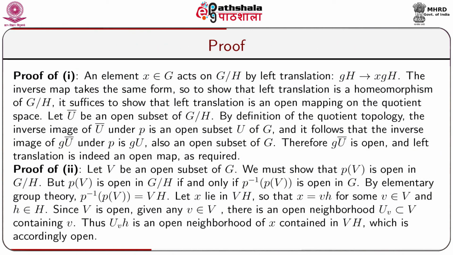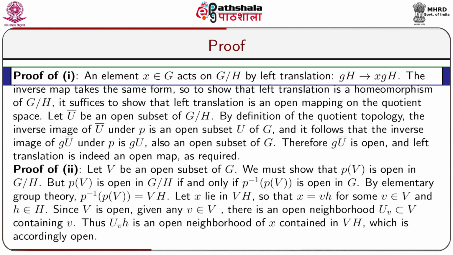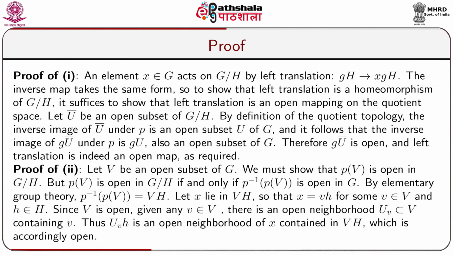First, to prove that the quotient space G by H with respect to topology is homogeneous, let us consider an element X in G acting on the quotient space G by H by left translation, GH goes to X GH.